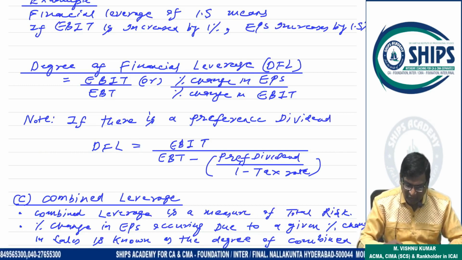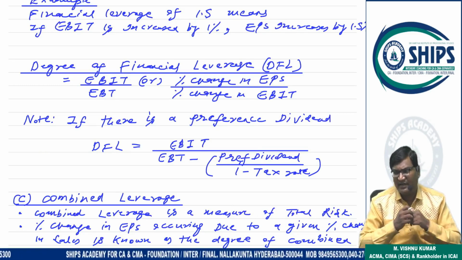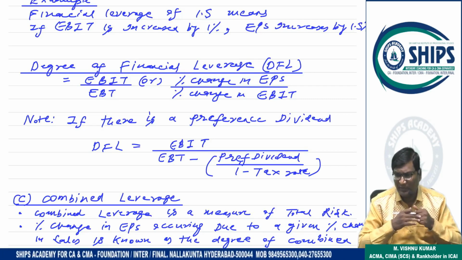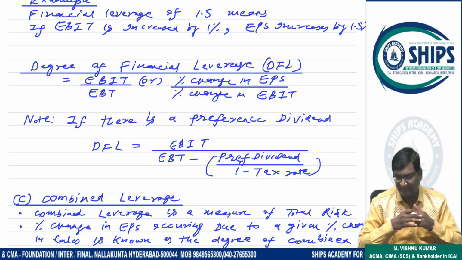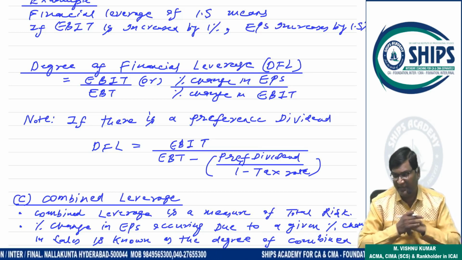Okay? Clear? Why is this formula coming? Because nowadays preference dividend is treated as a liability, because of Indian accounting standards. On that also we have to adjust tax. Before tax, what was it? Preference dividend. So we have to calculate that and it will be adjusted in earning before tax.